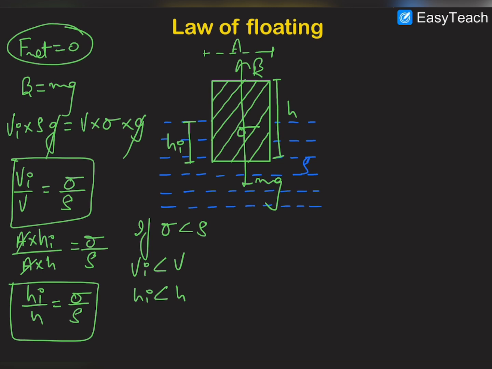Now if sigma is equal to rho, then Vi will be equal to V and Hi will be equal to H, which means that it will float while immersed completely.